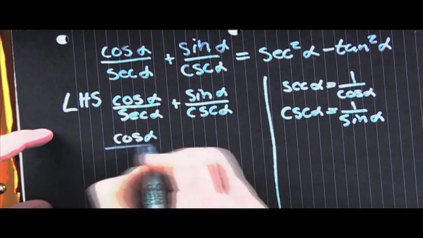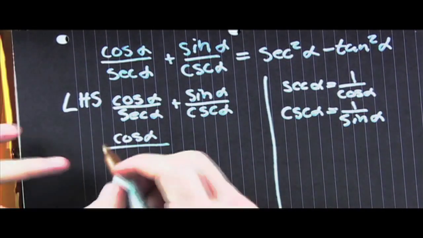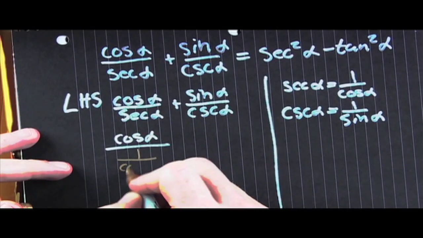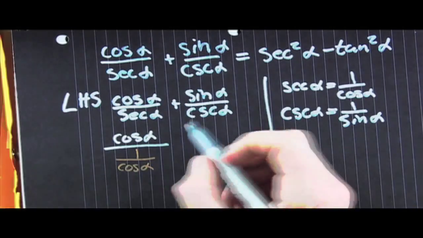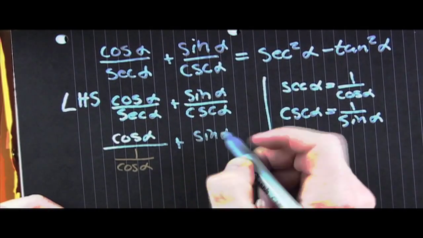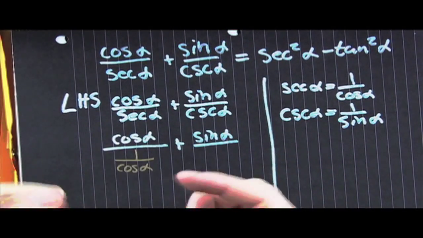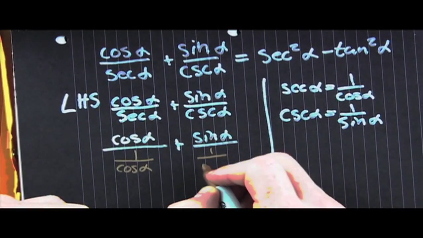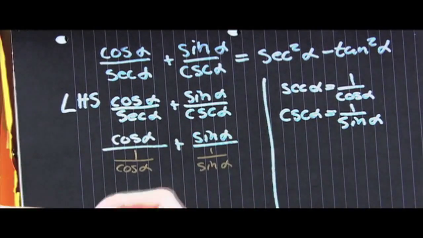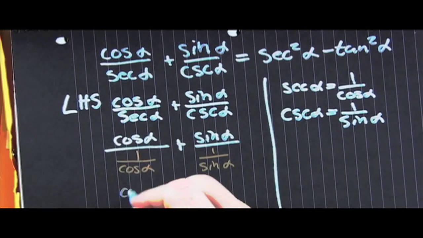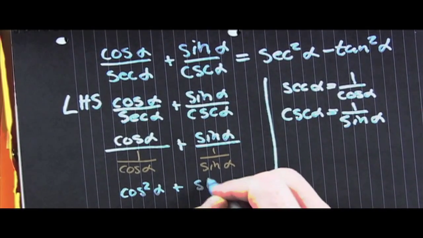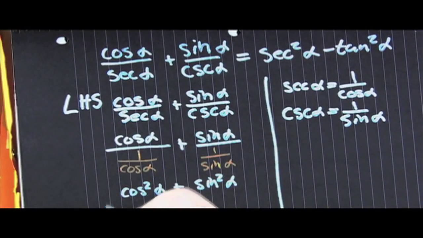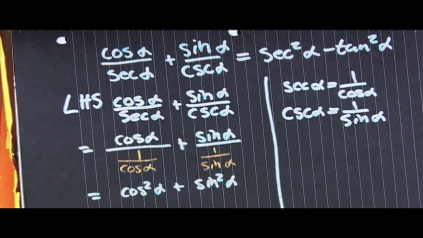And we do both of those, rewriting those denominators using our reciprocal identities. What comes next? Maybe you've heard that rhyme: dividing by a fraction is the same as multiplying by the reciprocal, and that's how we get the cosine squared plus the sine squared.